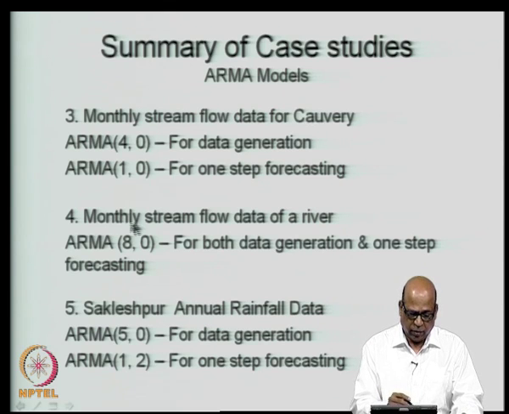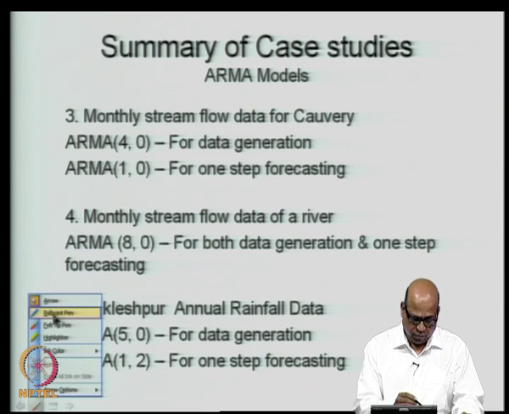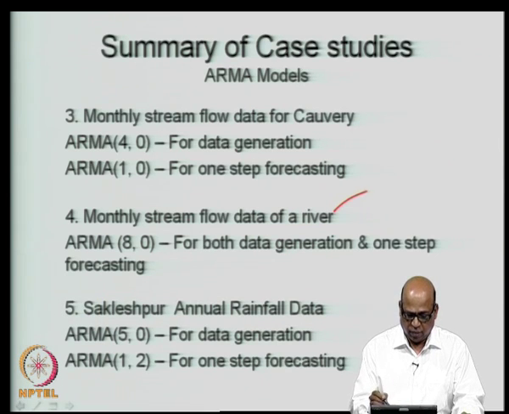Then for the monthly stream flow data of a river, whenever I say a river, we have taken it from the web from the USGS site. So, this is available from the USGS site. This is a US river.